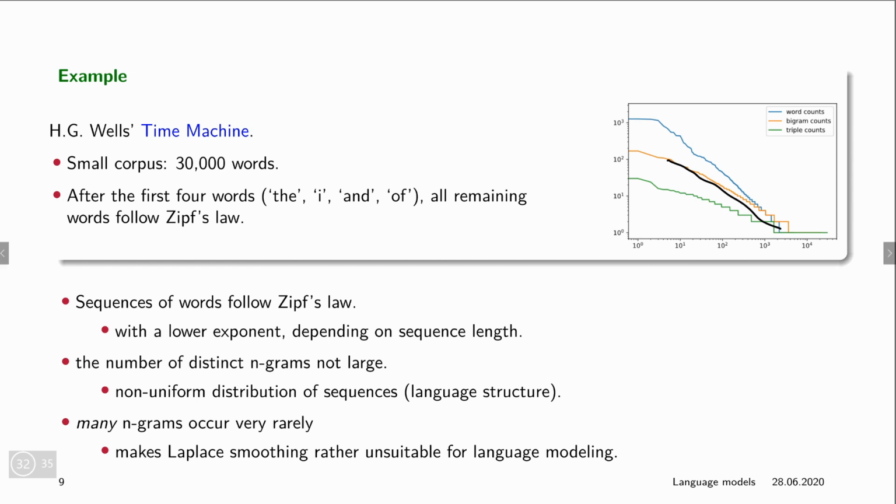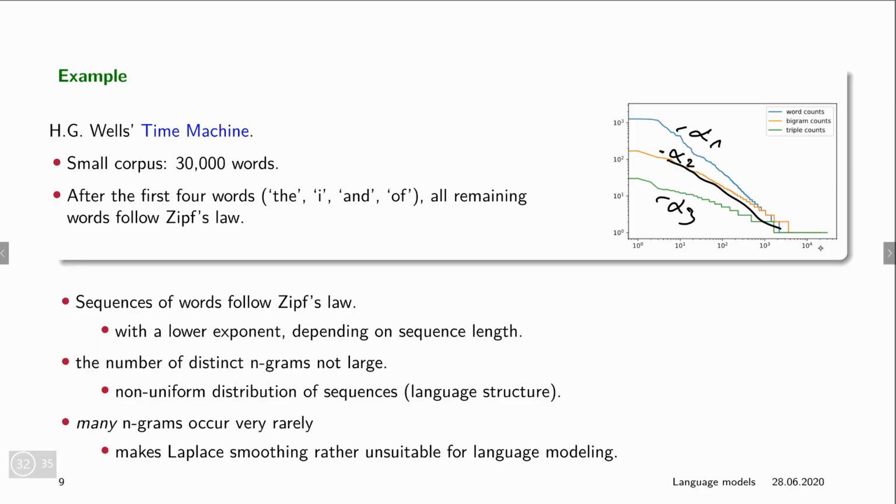Just the exponent alpha is changed. So here we have alpha 1, alpha 2, alpha 3 as the slope. Sequences of words also follow Zipf's law apparently, just with a lower exponent depending on the sequence length.